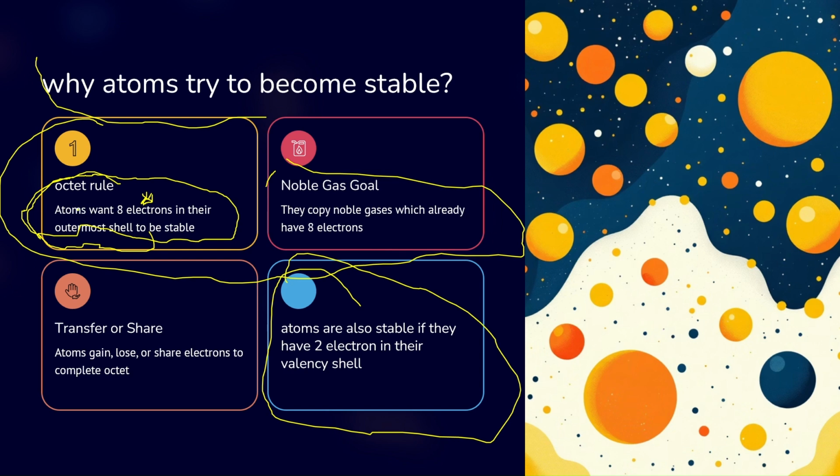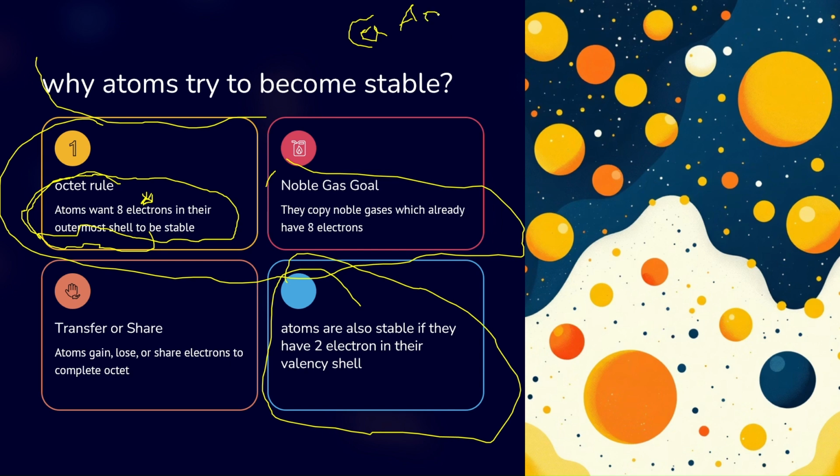Now why do atoms try to become stable? The octet rule wants 8 electrons in their outermost shell to be stable. To satisfy the octet rule, they copy noble gases which already have 8 electrons. Suppose we see in the periodic table, calcium is near to argon.